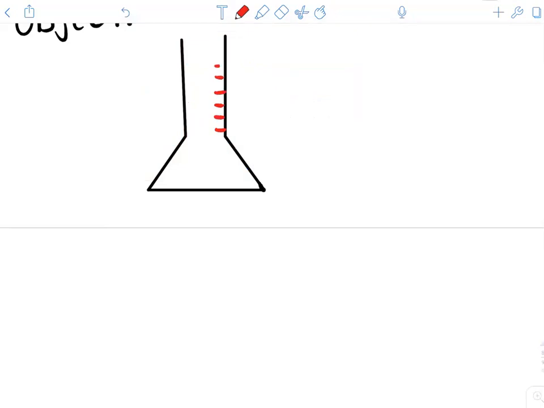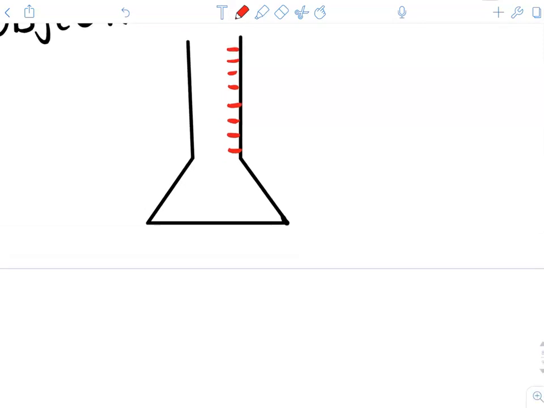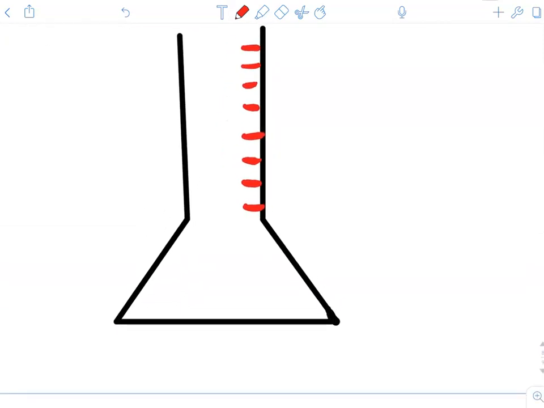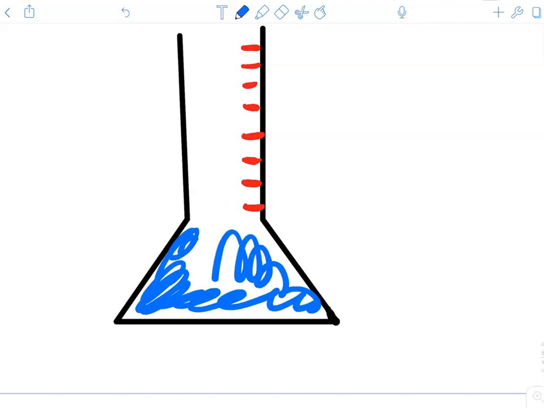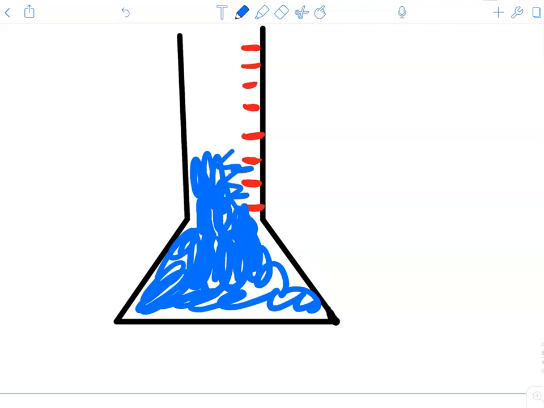And I'm not trying to make these perfect, okay? So here is, again, my graduated cylinder. And then I'm going to have my water in here. So let's say my water is about right here. And we're going to say that right here, my volume is 9.8 milliliters.